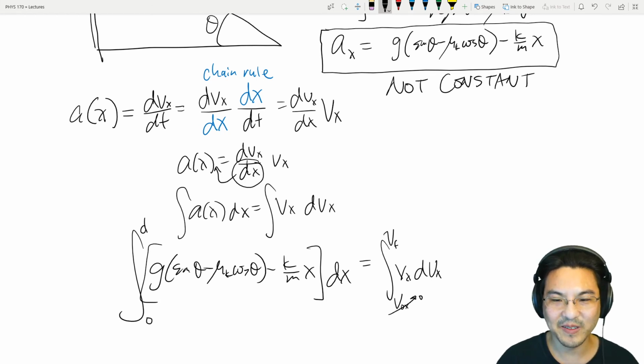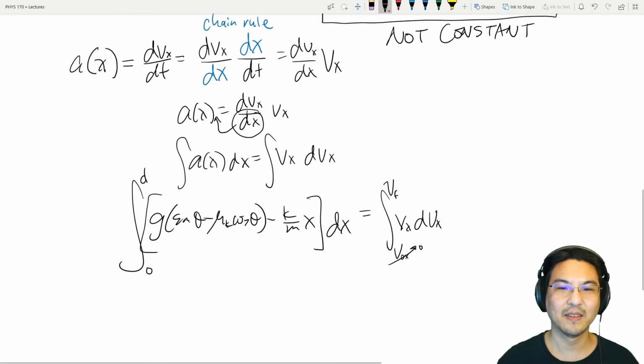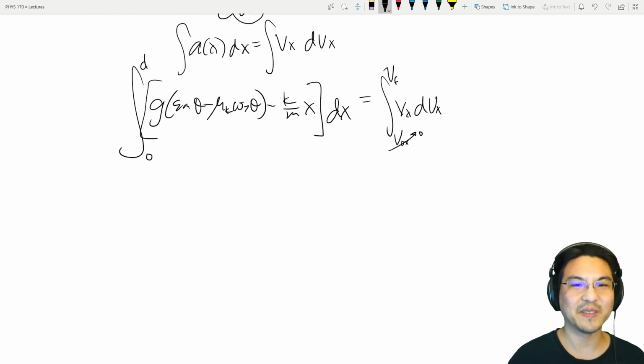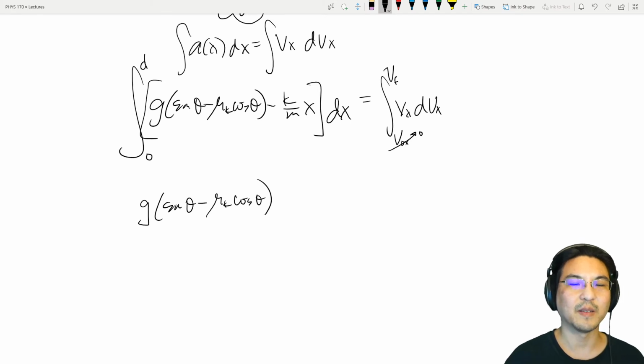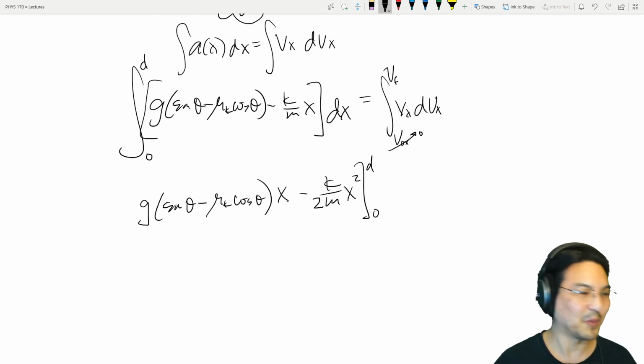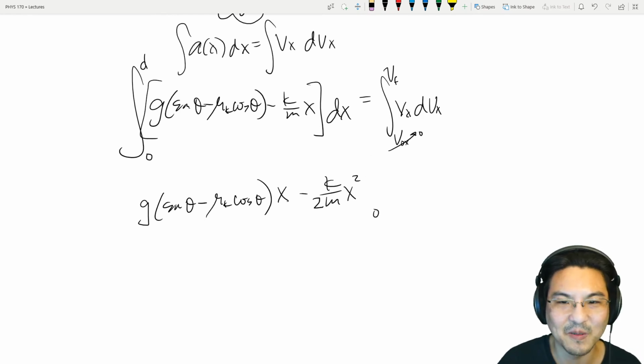Let's start at rest. Okay, so if we integrate this, we get g sine theta minus mu k cosine theta times x minus k over m, 1/2 x squared, from 0 to d. Let me just put that substitution right there already.